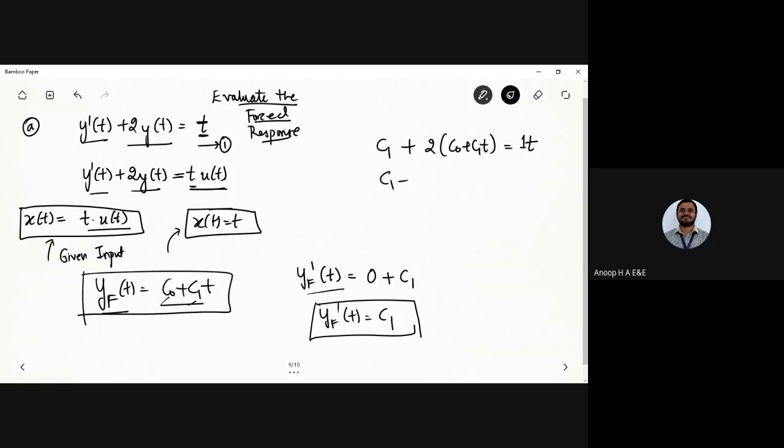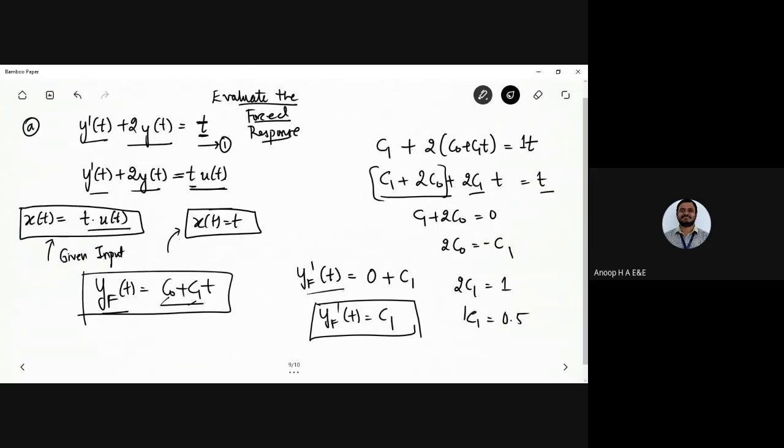So C1 plus 2C0 plus 2C1t equals t. Here C1 plus 2C0 equals 0, so 2C0 equals minus C1, and 2C1 equals 1. So C1 would be equal to 0.5.